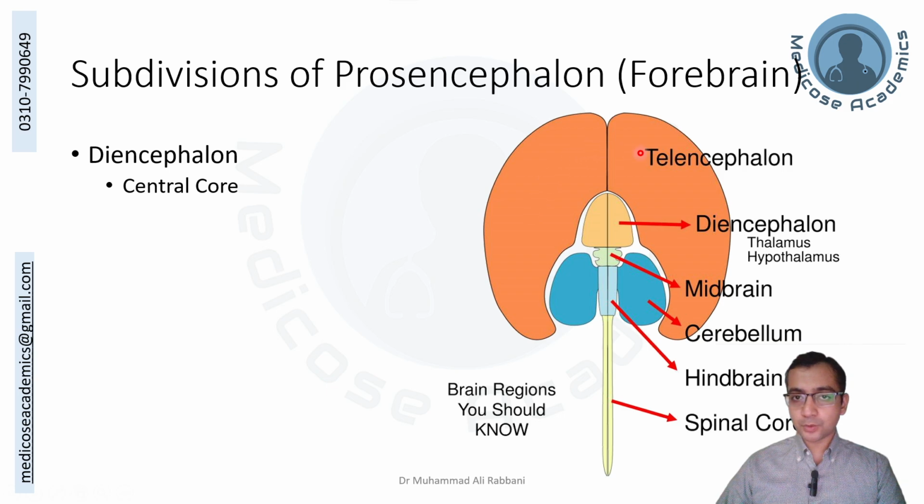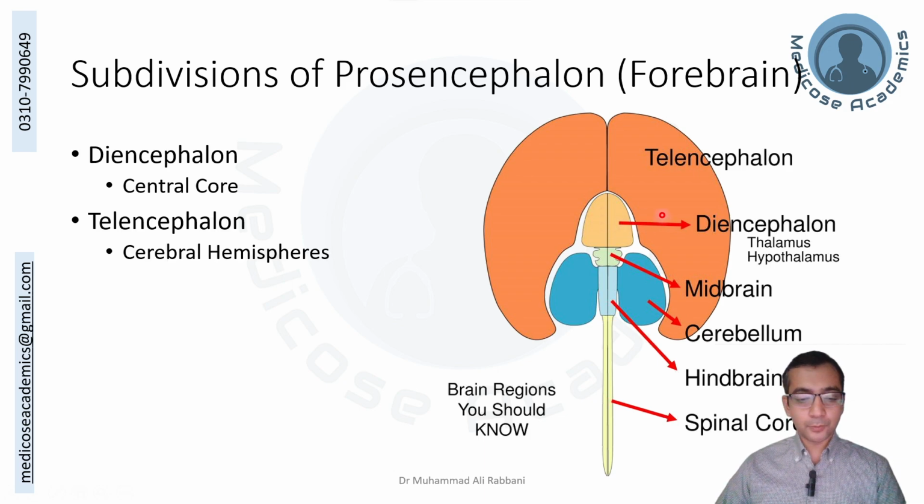The bigger one shown right here, that is telencephalon, and that is making up most of the cerebral hemispheres, and the one that is inside, that is the diencephalon. So diencephalon is the part of the forebrain that is majorly present inside the cerebral hemisphere. Outside, on the superolateral and inferior aspect, it is covered by telencephalon.